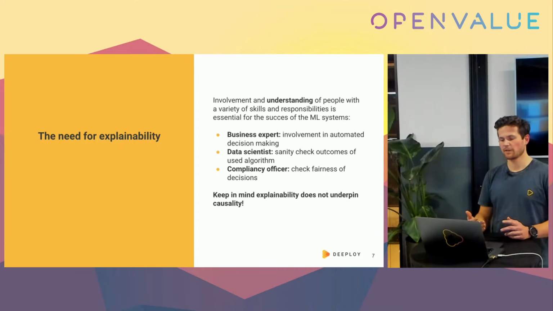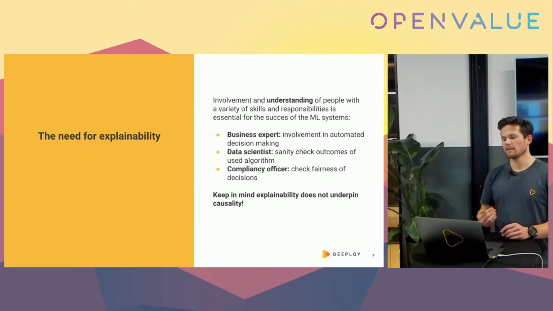It's doomed to fail. Then there's the data scientist who can also use explainability, mostly for sanity checks. That's actually, I think, currently the way it's used. There are already data scientists using this, especially for sanity checking their outcomes. Especially with really complicated machine learning models, you can always use explainability to sanity check this.